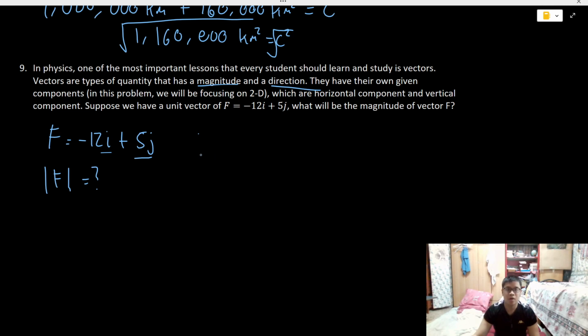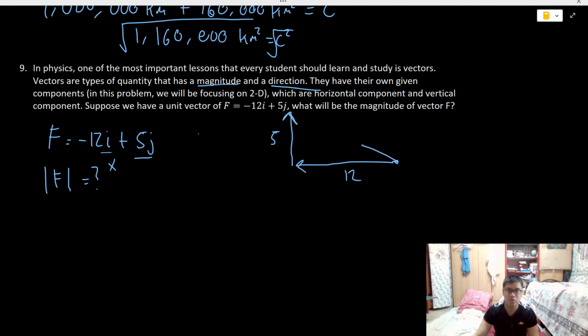That means you move negative 12 to the left. i represents the horizontal component. j represents the vertical component. So it's 5j, so it's positive. It implies that it moves 5 units upward.